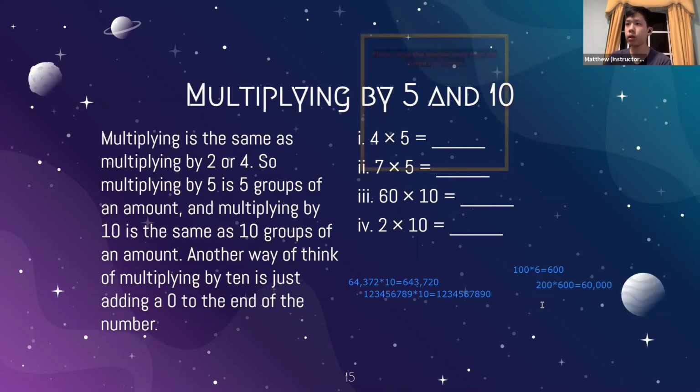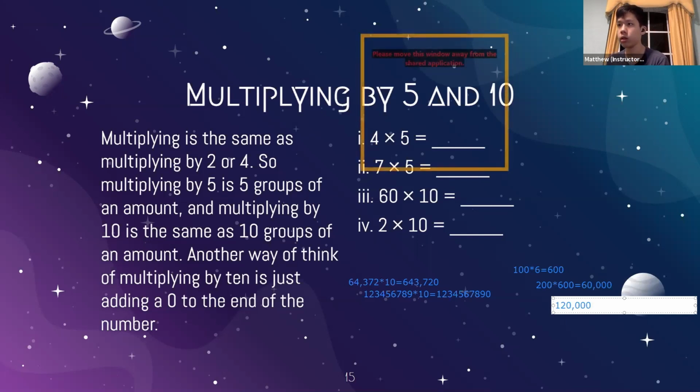That would in fact be 120,000. But a really fast way to do anything that begins with 1 and every other digit that follows it ends with 0 is to just take those zeros and add them onto the second number like this. Does everyone get what I'm talking about?